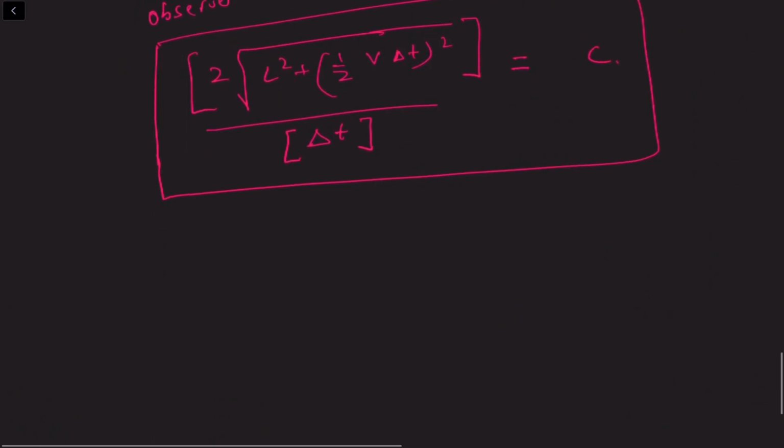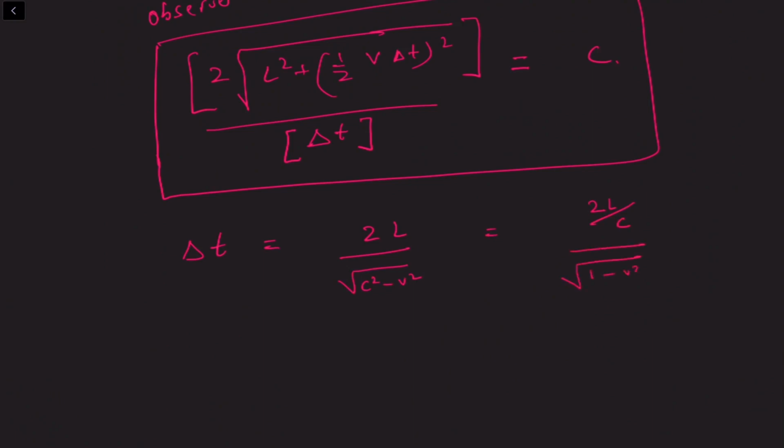And the positive solution is just delta t equal to 2L over the square root of c squared minus v squared, which can be written as 2L over c, over the square root of 1 minus v squared by c squared. And 1 over the square root of 1 minus v squared by c squared is gamma.